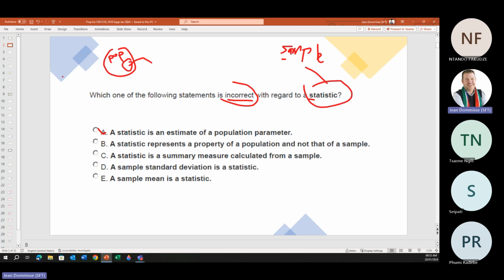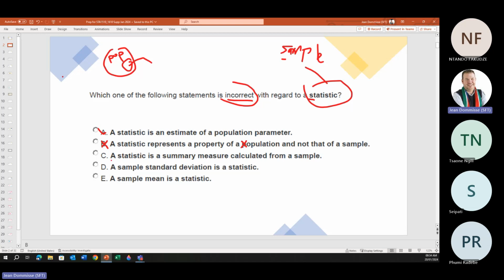So a statistic will also be an estimate of that population, because it is looking at the sample. Then, a statistic represents a property of a population, not that of a sample. Okay, statistic goes with sample, not with population. So that one is your incorrect one.